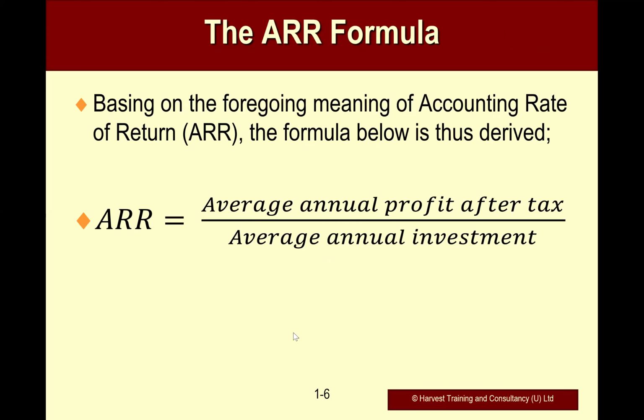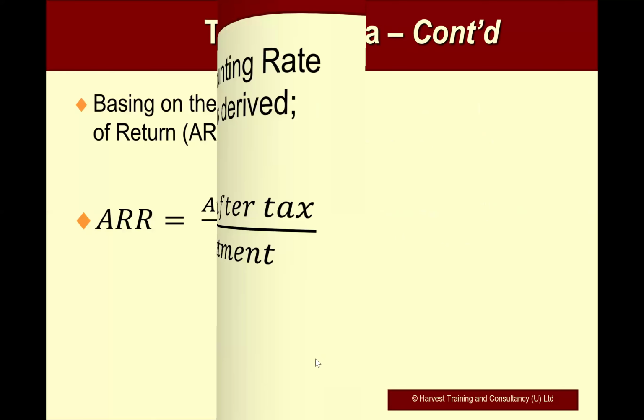This one has a formula, and this is the formula that we shall use in calculating the accounting rate of return. We get the average annual profit after tax, which is our numerator, and the denominator is the average annual investment, times 100, of course, to get the percentage.